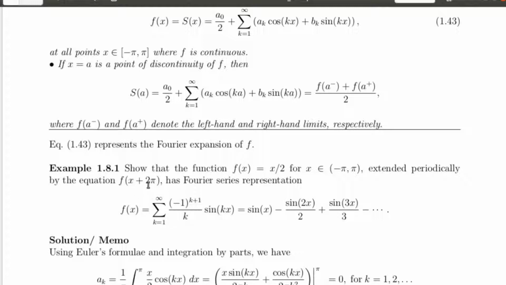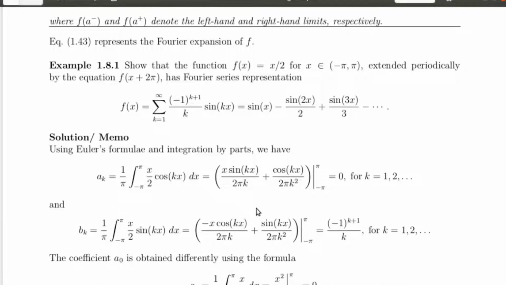That is the periodicity of the function. So we want to show that the Fourier expansion is given by this formula, and that's what we are going to do. So we are going to compute ak and bk for this function, this periodic function.